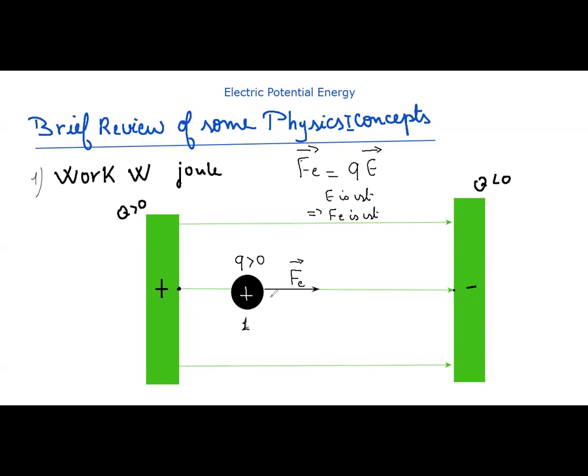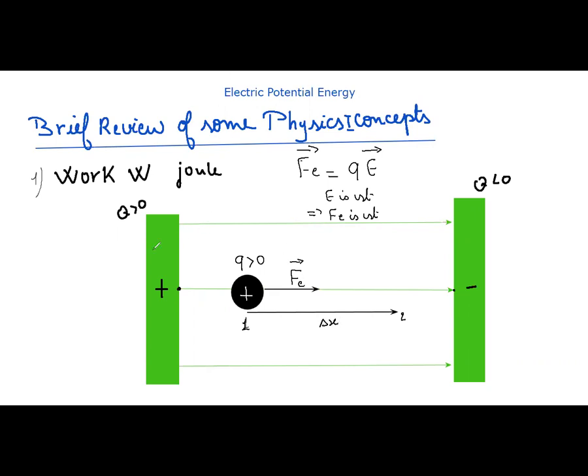Now I would like to study the motion of this object between the position 1 and the position 2. Fe will move the charge Q from this point to this point, so we have a displacement from here to here, let's say in the X direction.